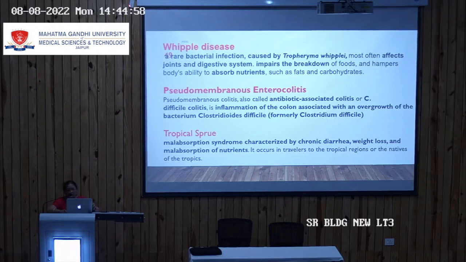Pseudomembranous enterocolitis is caused by antibiotic associated colitis, or it is caused by Clostridium difficile. This is the inflammation of the colon associated with an overgrowth of the bacterium Clostridioides difficile. Initially it was called Clostridium difficile, now the name has changed.